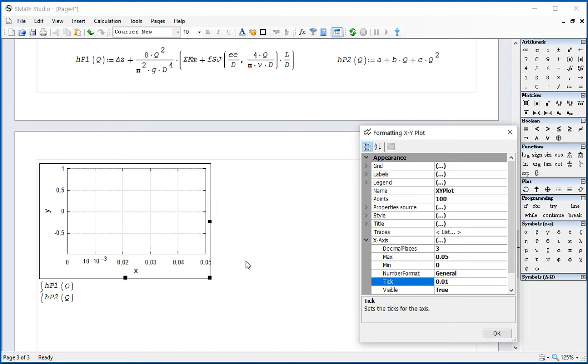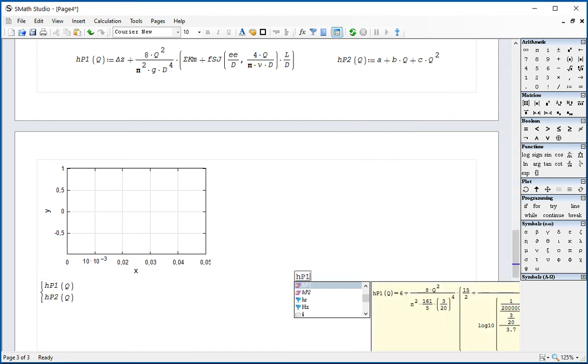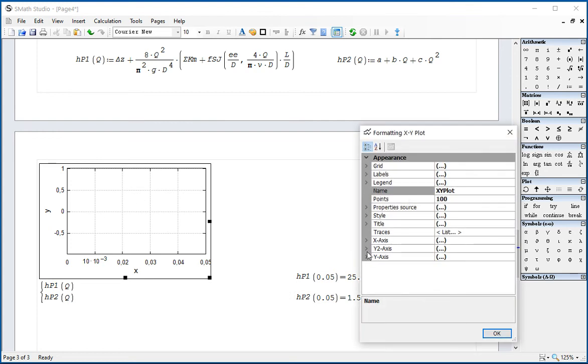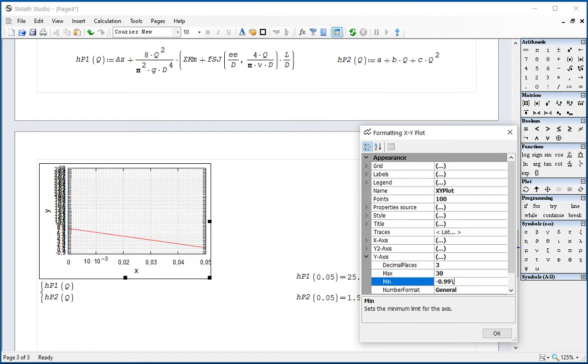In terms of the head, however, let me check what I'm going to be getting. If I use HP1 of 0.05, I'm getting a head of 25. If I use HP2 of 0.005, I'm getting 1.5951. So I'm going to change my vertical axis to a maximum of, let's say, 30 and a minimum of 0.